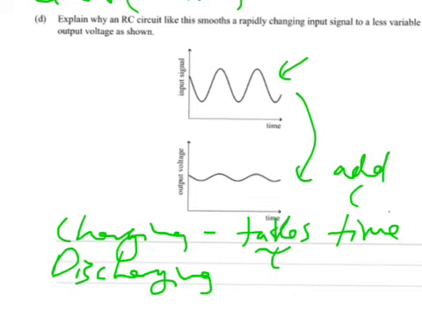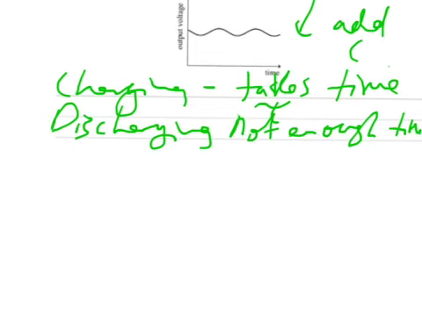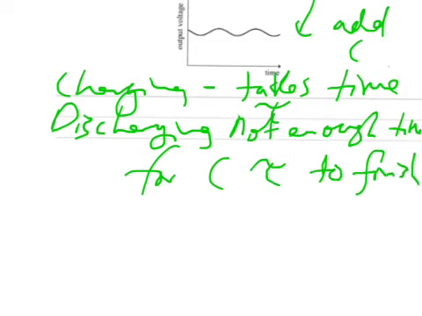And this means when it goes down the other side of the slope, there hasn't been enough time for it to completely reach its peak or reach its minimum. So not enough time for the capacitor, the time constant, to finish charging or discharging.